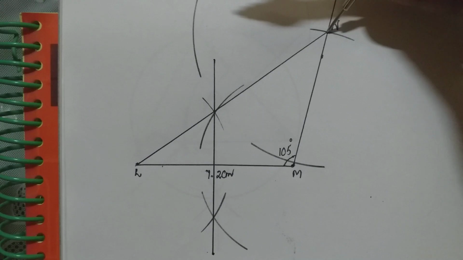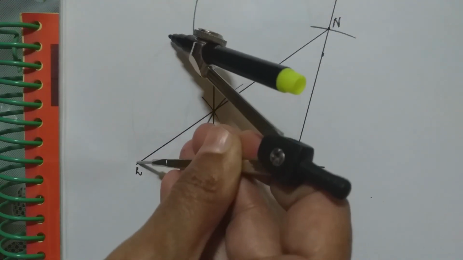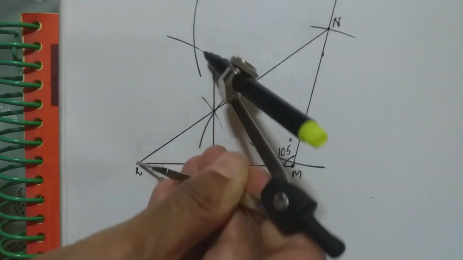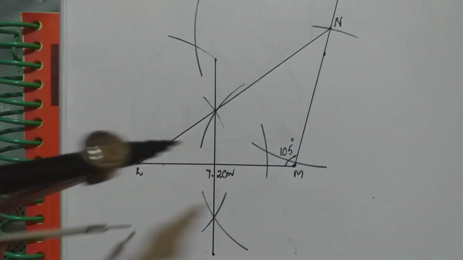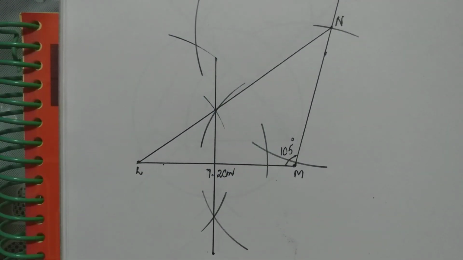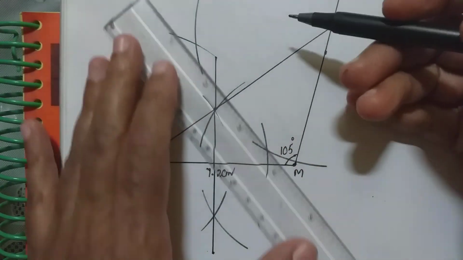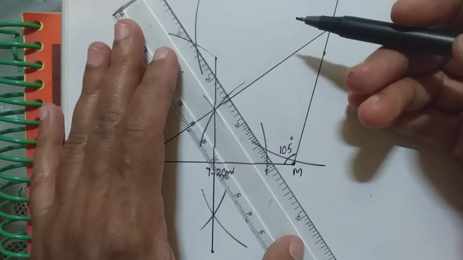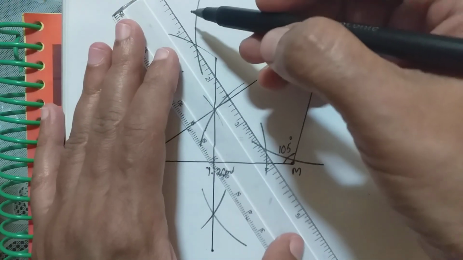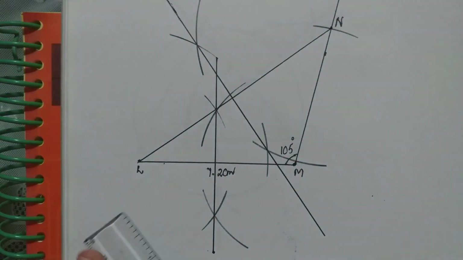This is from the point N. Again from point L, I will draw the arc cutting the second arc. So I have a pair of arcs which are intersecting each other here and here. So I have to draw the perpendicular bisector passing through the point of intersection of these two arcs. So this is drawn. Okay.